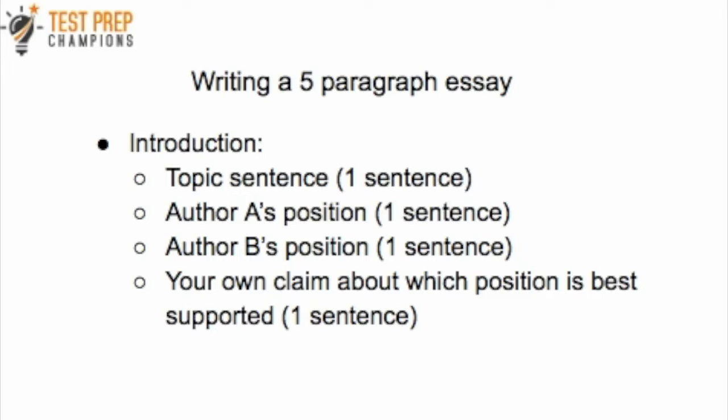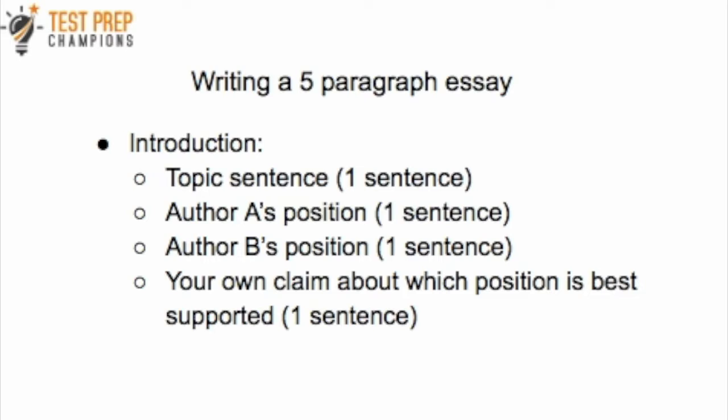Now, you can actually do this in one sentence, all right, if you feel confident in your writing skills and in your grammar skills. But, if you don't feel comfortable doing that, what I would recommend doing is just state the positions as 2 separate sentences, all right? And then lastly, you're going to give your own claim about which position is best supported in one sentence.